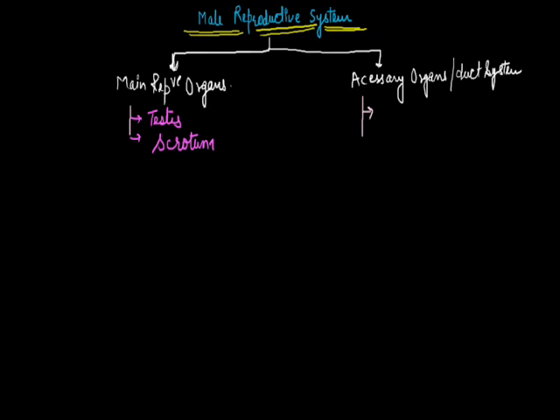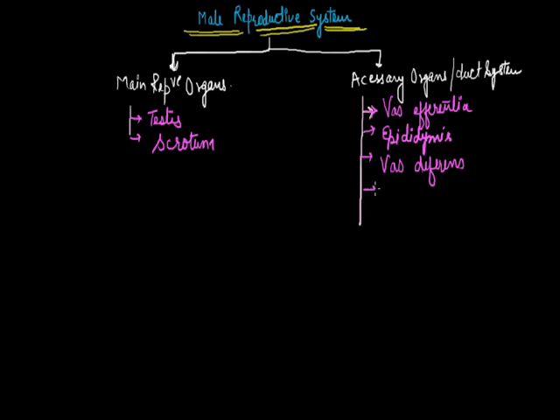Now the ductal structures are, the first one is vas efferentia, next epididymis, next vas deferens, ejaculatory duct, next urethra and penis.